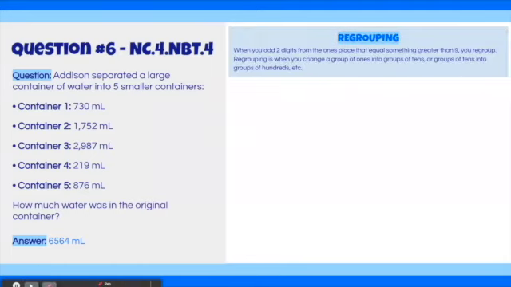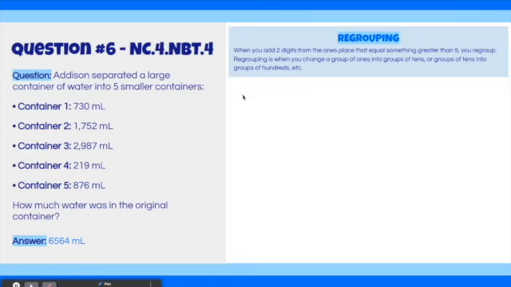Okay, so the box over there kind of just explains regrouping, which is when you rearrange numbers and place values to make operations such as addition and subtraction easier. So you're going to use regrouping to do the addition in this problem. So to find the amount of water that was in the original container, you're going to add all of these values up because she divided it into these 5 values.